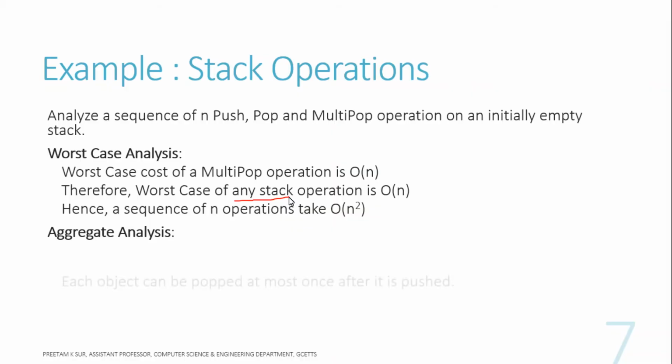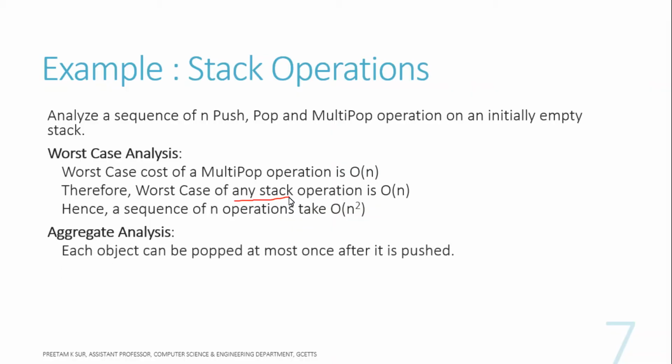When we perform aggregate analysis, we try to find the exact number of operations, or an upper bound on the exact number of operations that are going to happen. We can pop an object from a stack at most once after it is pushed.